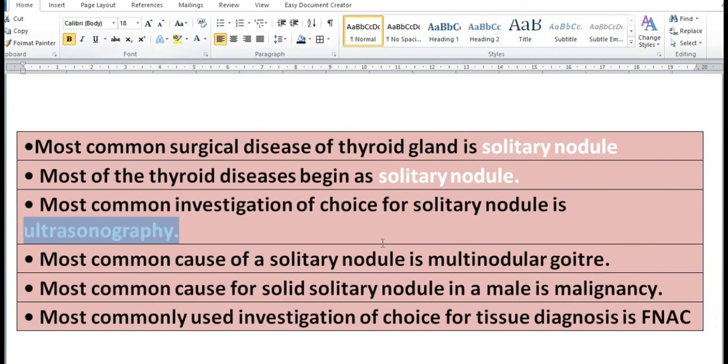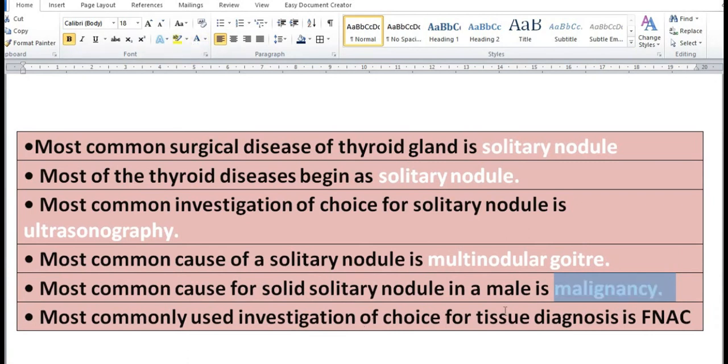Most common investigation of solitary nodule is ultrasonography. Most common cause of solitary nodule is multinodular goiter. Most common cause of solitary nodule in male is malignancy.